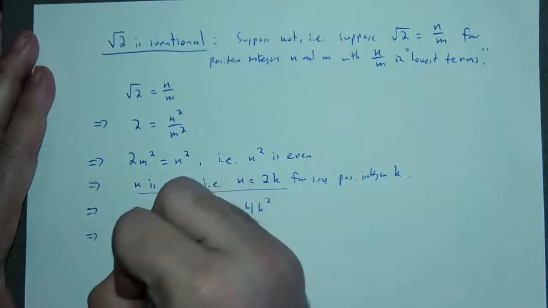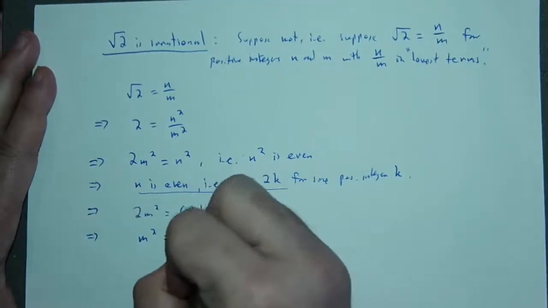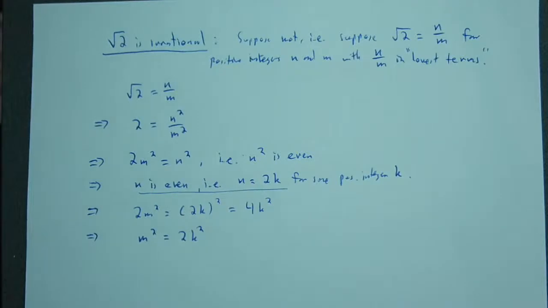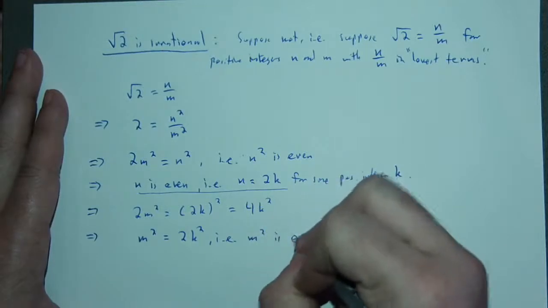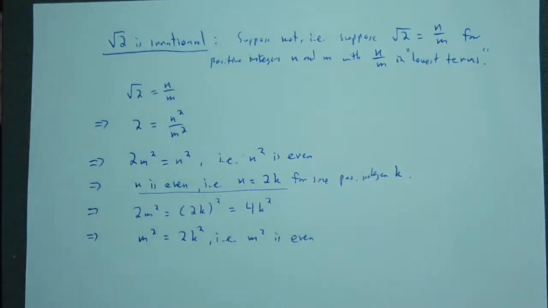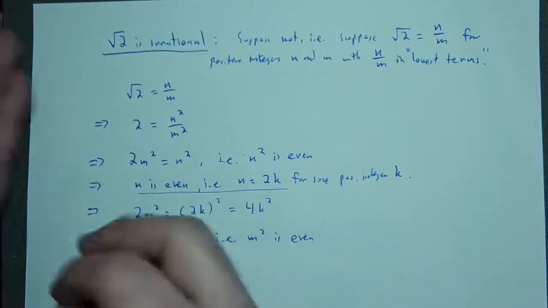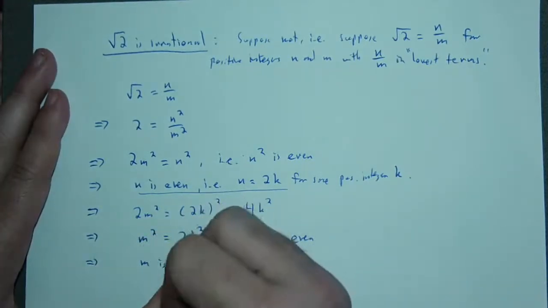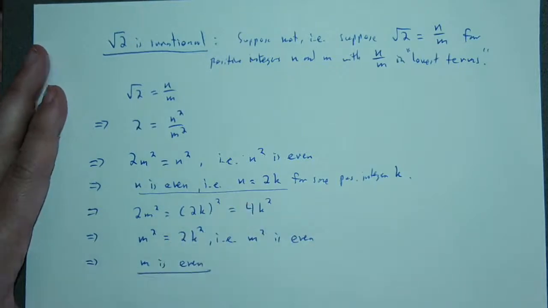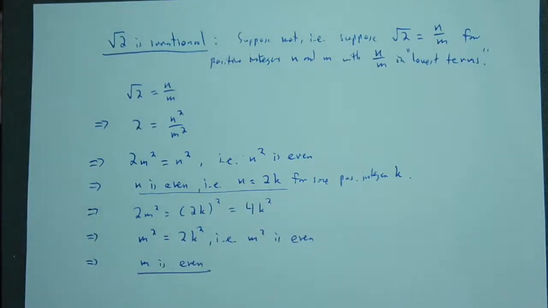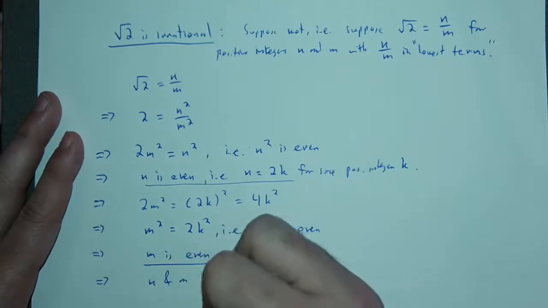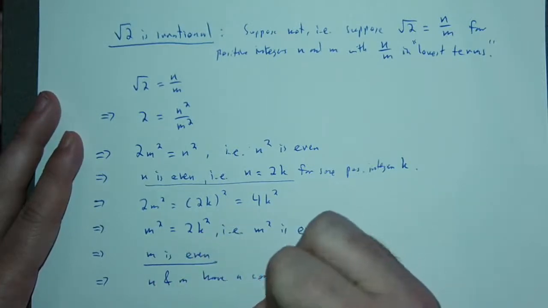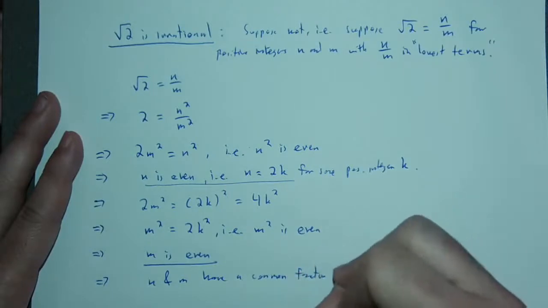Simplifying this means that m squared is equal to 2k squared, i.e., m squared is even. But using the same logic, if m squared is even, then m is even. And I can stop there. Why? If n is even and m is even, then n and m have a common factor of 2 at least.